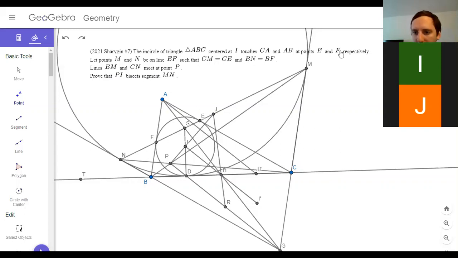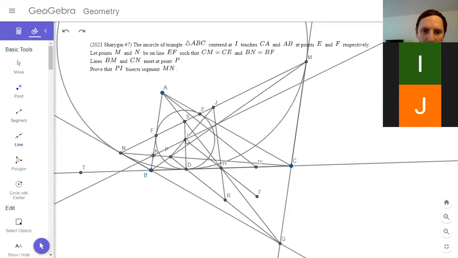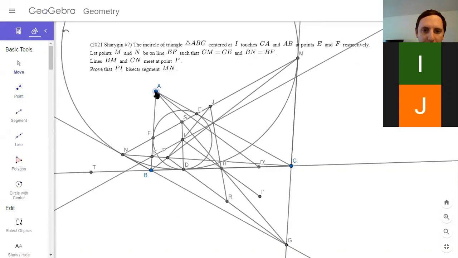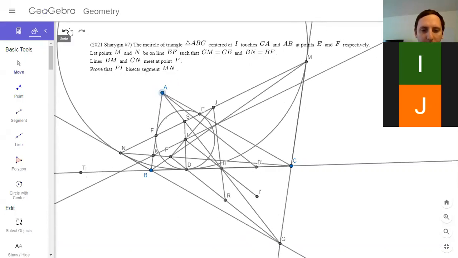AB intersects CN, and AC intersects BM, and they're collinear with I. That sounds very plausible. Yes. Yeah, all right, I'll keep that in mind.